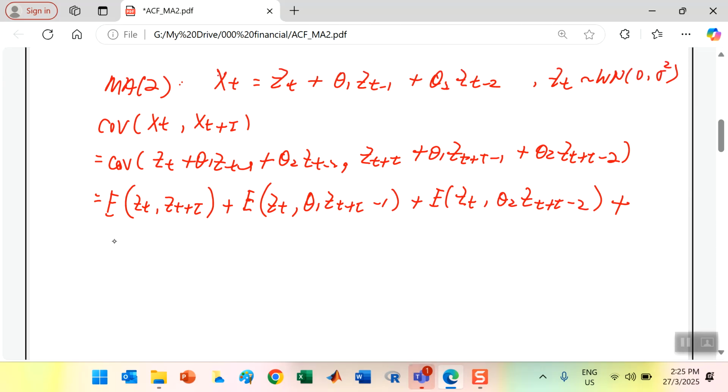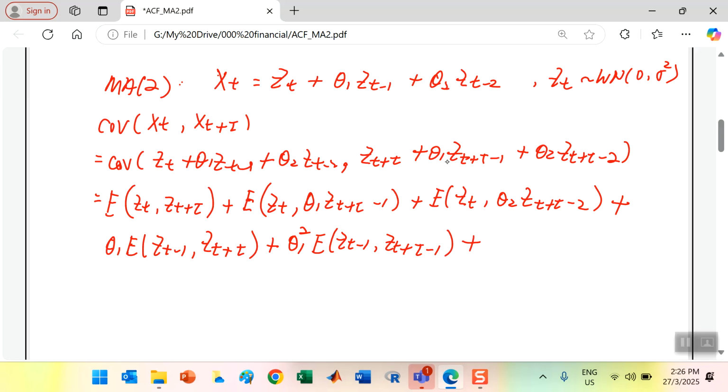So you have theta 1 E of Z(t-1) and Z(t+tau). Next you have theta 1 and theta 1, so theta 1 squared, E of Z(t-1) and Z(t+tau-1). Then the last one is theta 1 theta 2, the sixth term, Z(t-1) and Z(t+tau-2). So the second set of three terms is these.